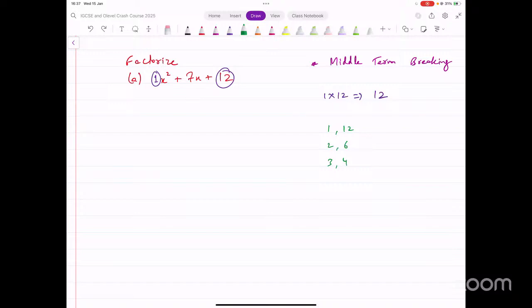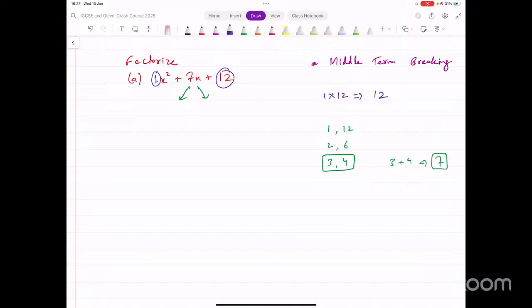We want the middle term when we're adding something. Do any of them give us 7? Well, this last option gives us 7. This last option is working because when we add these two numbers, 3 plus 4, we get 7 from that. Using these two numbers, we break this middle term like this.